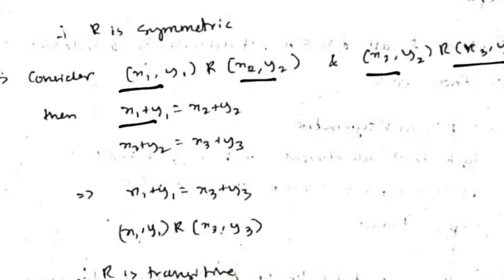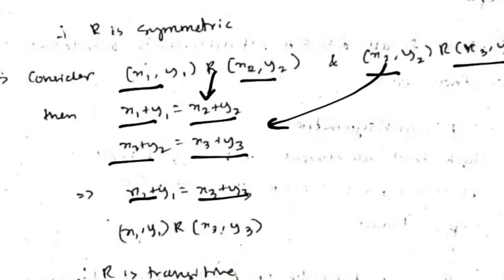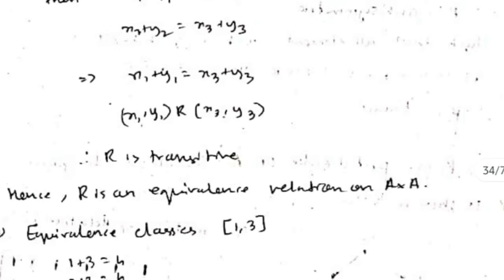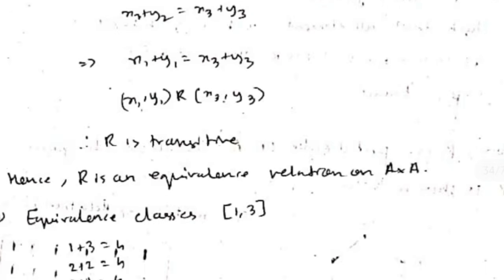So x1 plus y1 is equal to x2 plus y2 for the first pair, and x2 plus y2 is equal to x3 plus y3 for the second. We can conclude that x1 plus y1 is equal to x3 plus y3. That means x1 y1 is in relation with x3 y3, so R is transitive. Therefore, when R is reflexive, symmetric and transitive, that means R is an equivalence relation on A cross A.